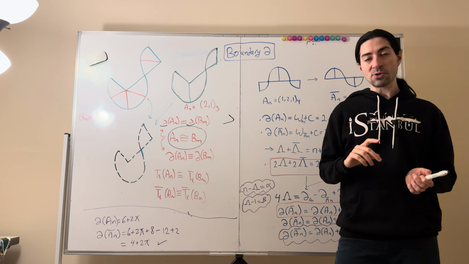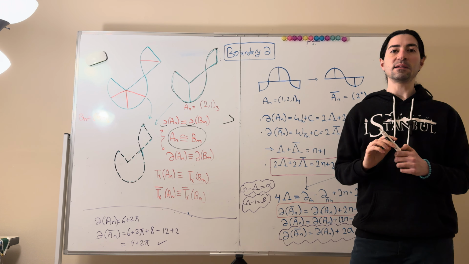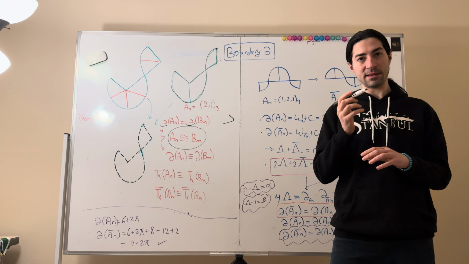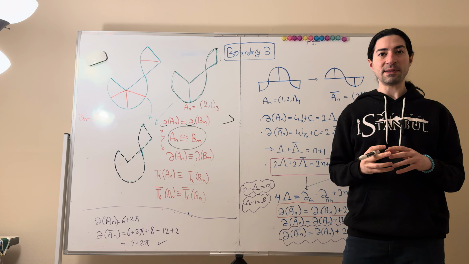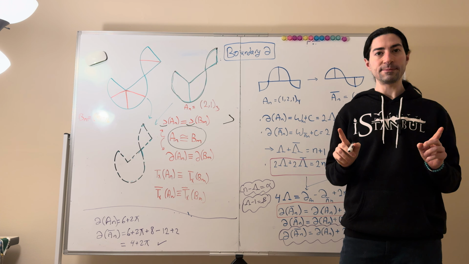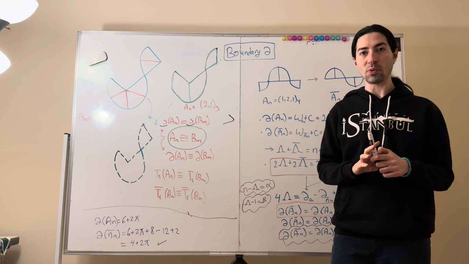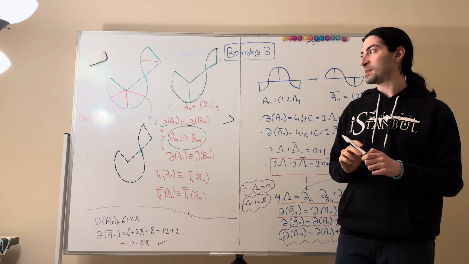Now, we also saw earlier that the boundary doesn't have to be obtained from the walk and the curve. It can be obtained from any two trails that are complementary to one another. So we've seen that before.